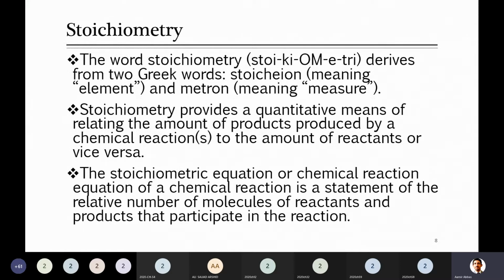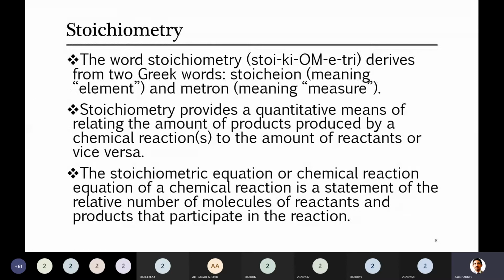to calculate the amount of reactant consumed or product produced in some system. So what is a stoichiometric equation or chemical reaction equation? It is simply a statement which relates the number of molecules of the reactants or products. You can also call a chemical reaction equation a stoichiometric equation.